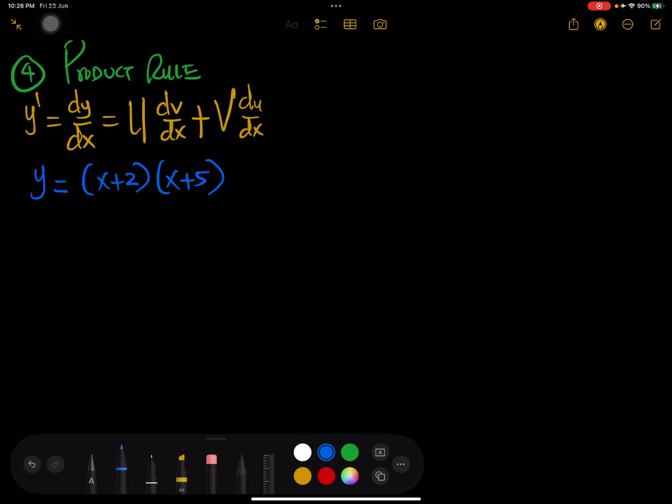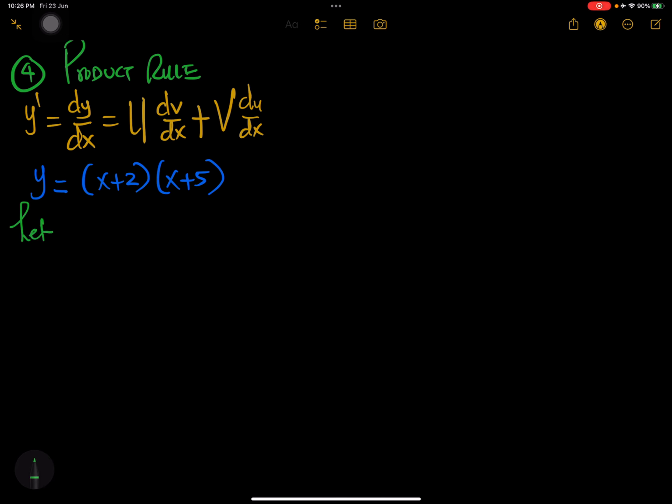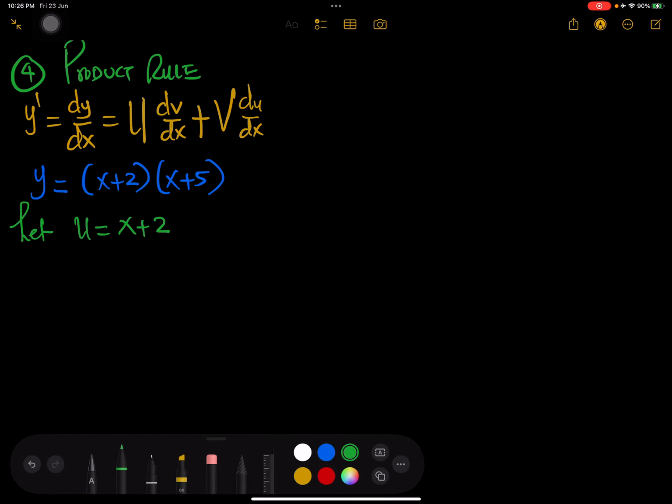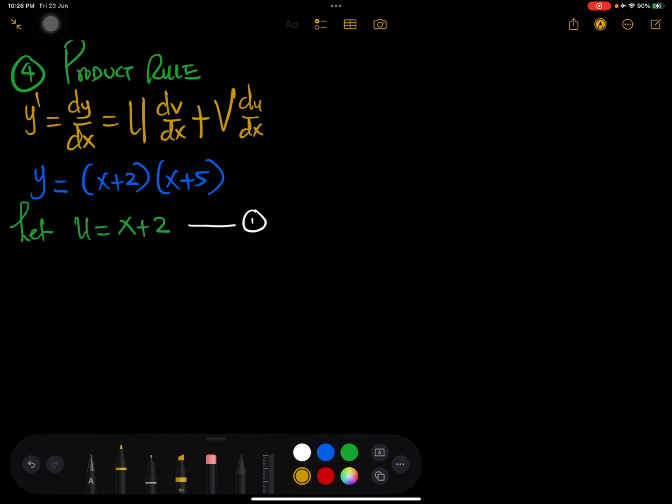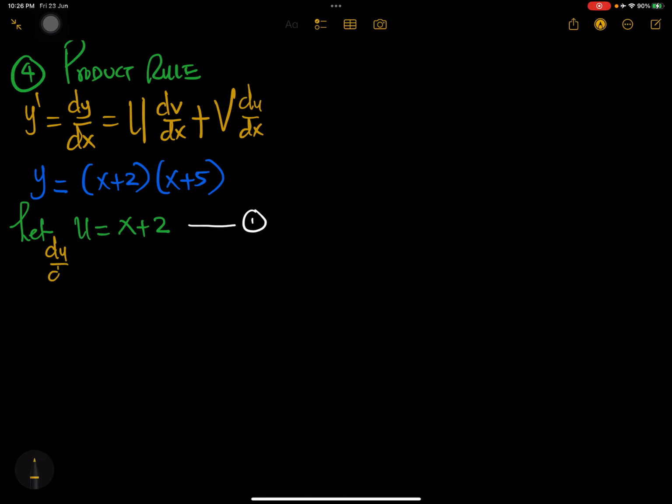Now here, we can let u be equal to x + 2, and immediately we can name that as our equation 1. And remember, the first thing we do is to differentiate it. So du/dx is equal to 1, because x is x to the power 1.